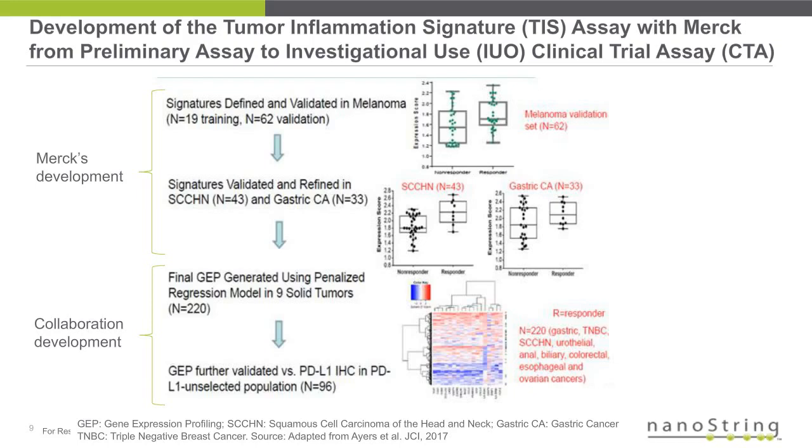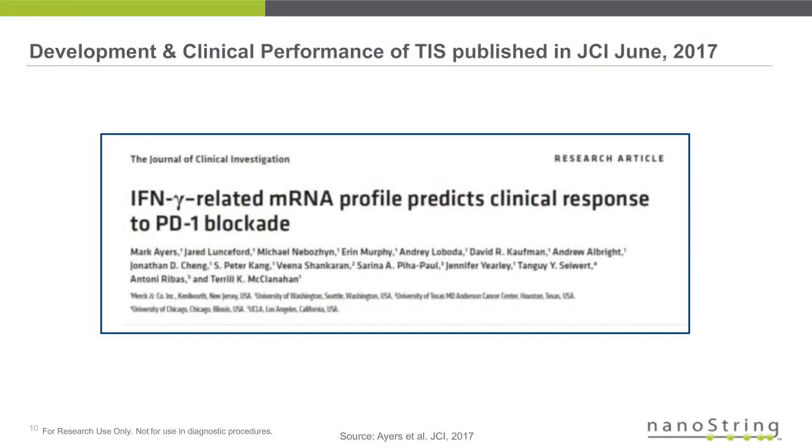And at that point, we joined with them, and NanoString came on and worked to do a series of training exercises to develop an assay that would become the final lockdown clinical test, which would be taken to the FDA in order to be a companion diagnostic for pembrolizumab, and really to seek to characterize the immune biology that was most reflective of responses to pembrolizumab.